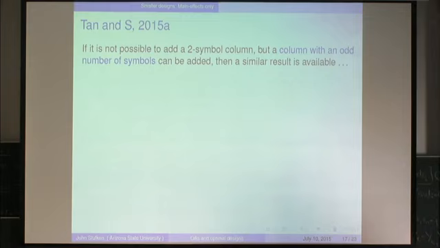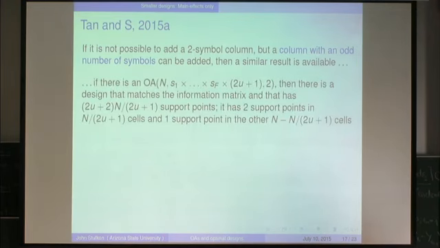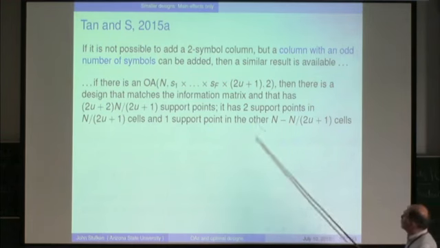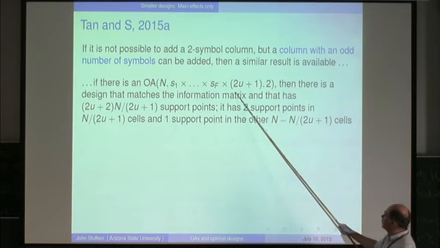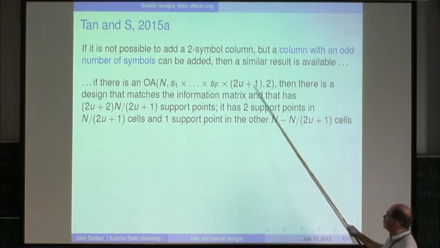Now, if you can't add a 2-symbol column, then sometimes it's possible to add a column with an odd number of symbols. And by a very similar idea, you can actually also reduce the size of an optimal design there as well. So I'm assuming here that I cannot add a 2-symbol column, but I can add a column with an odd number of symbols, let's say 2u plus 1.